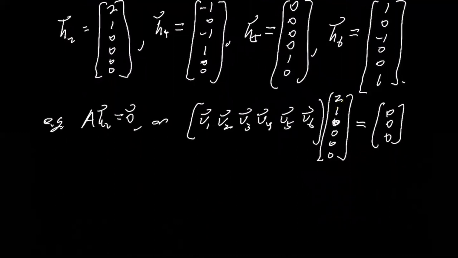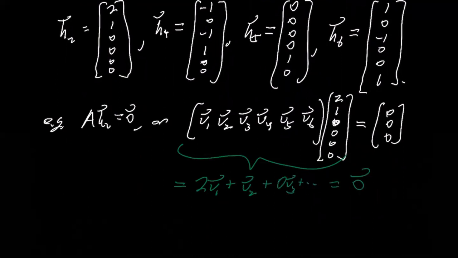So we can rewrite this as 2v1 plus v2 plus 0v3 and so on equals 0. Or really, 2v1 plus v2 equals 0.